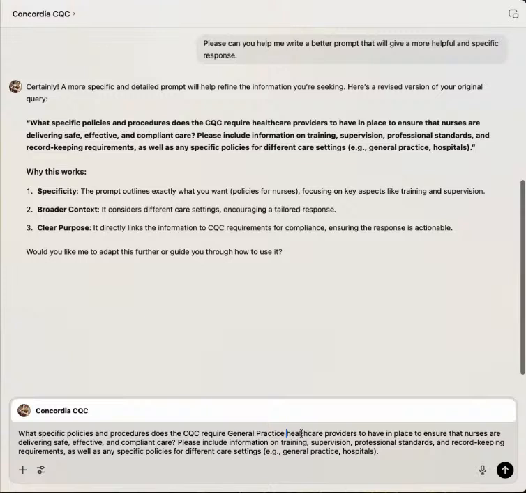Healthcare providers to have in place to ensure that nurses are delivering safe, effective and compliant care. Please include information on training, supervision, professional standards and record keeping requirements. So let's just remove that for different care settings there and leave it at that.